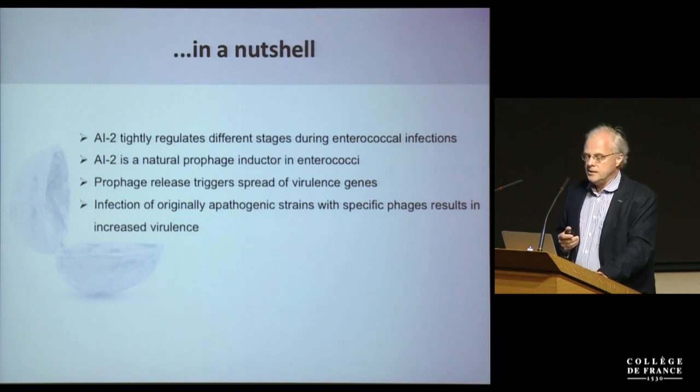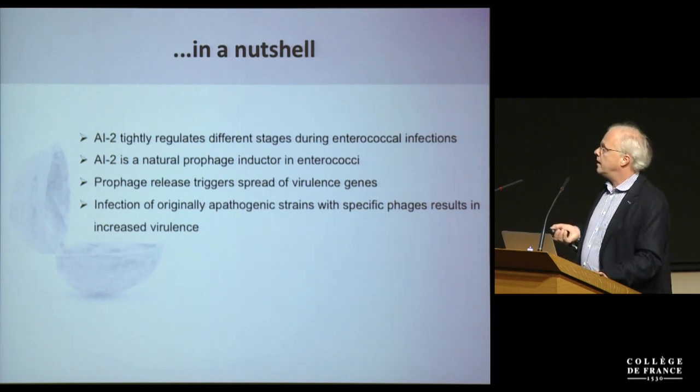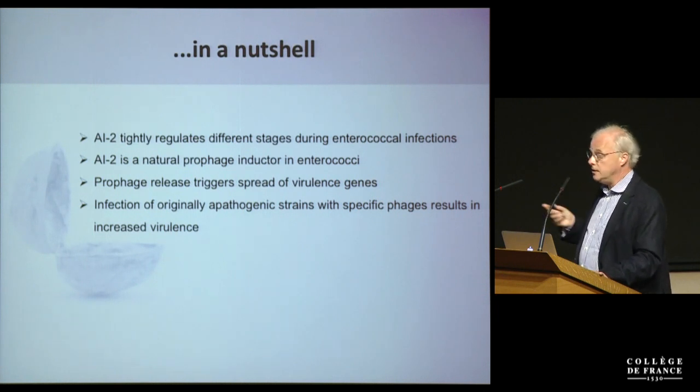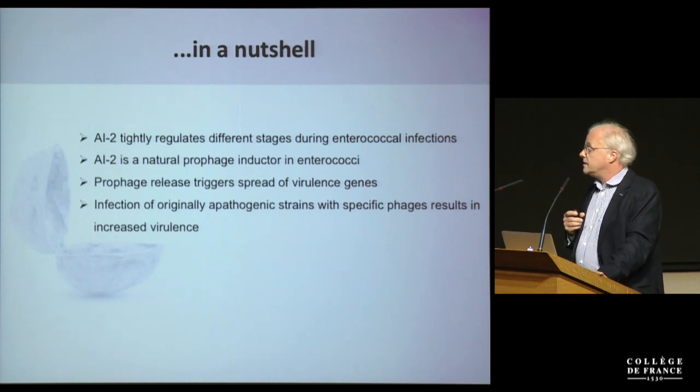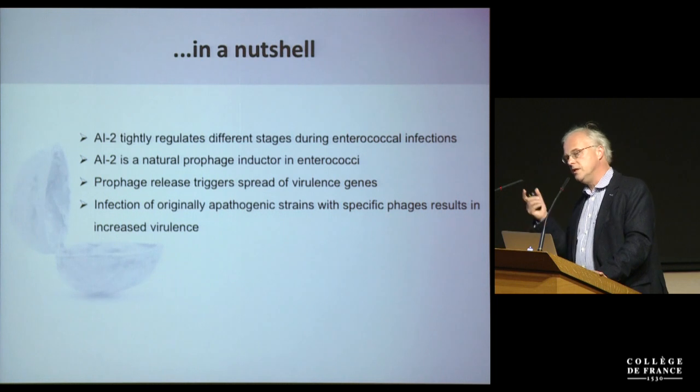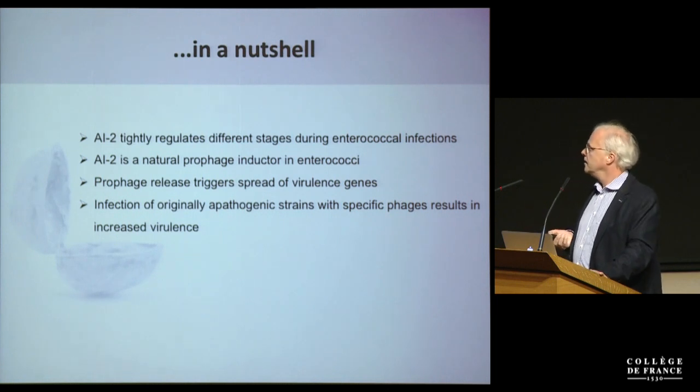So to summarize what I've shown you, I think we've shown that AI2 is tightly regulated and is linked to different stages during enterococcal infections. We think that AI2 is a natural prophage inductor, so release of prophages in enterococcus.